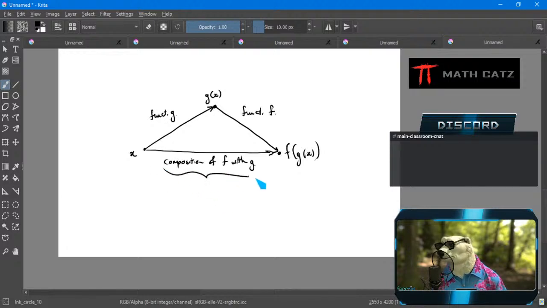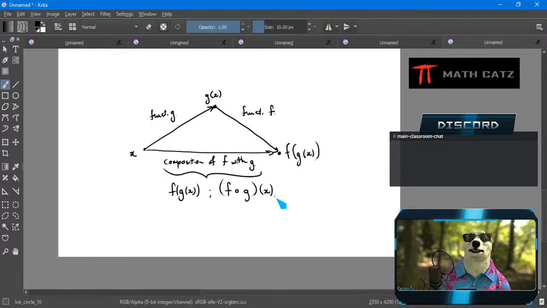And for short, we want to represent that sometimes. There's nothing wrong with this. I prefer this f of g of x because it shows the sequence, what was happening. But there's also one that you might recognize, a little circle notation, that I guess is the more official way of naming the composition of two functions.